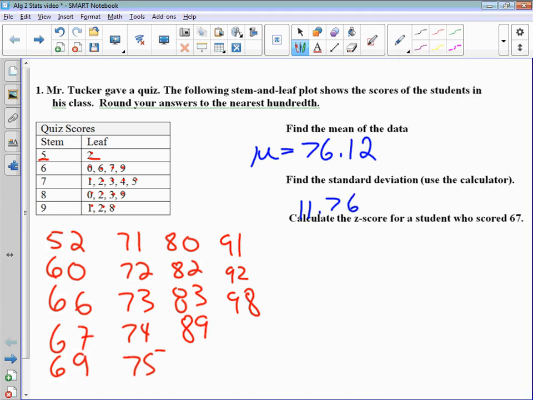Now, calculate a z-score for a student who scored a 67. The formula for z-score is on your formula sheet, and I think it's just x minus mu divided by sigma.